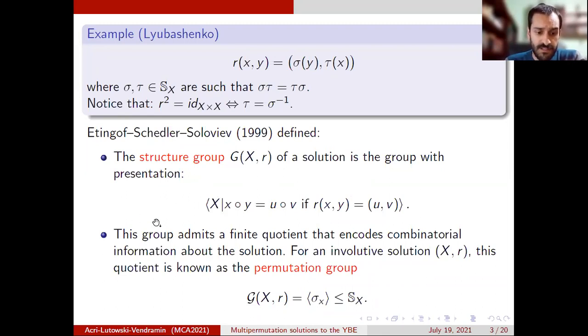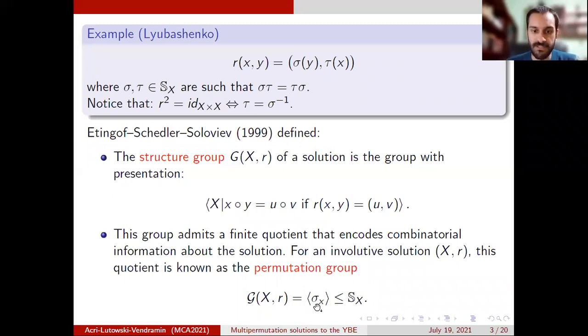And this group admits a finite quotient, which is quite useful from a combinatorial viewpoint. For the special case of the involutive solutions, this quotient is known as the permutation group of the solution, and it's the group generated by the sigma_x.